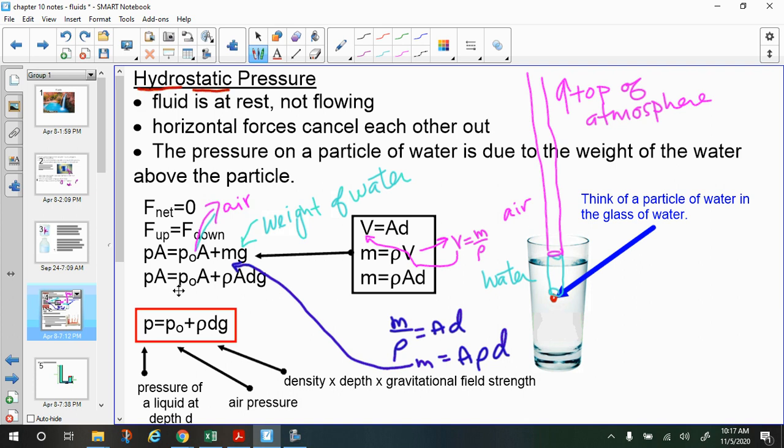Pressure times area equals, the P naught is atmospheric pressure. Let me put a little note about that over here. So P naught, atmospheric pressure, times area, plus density of the fluid times area times depth times g.